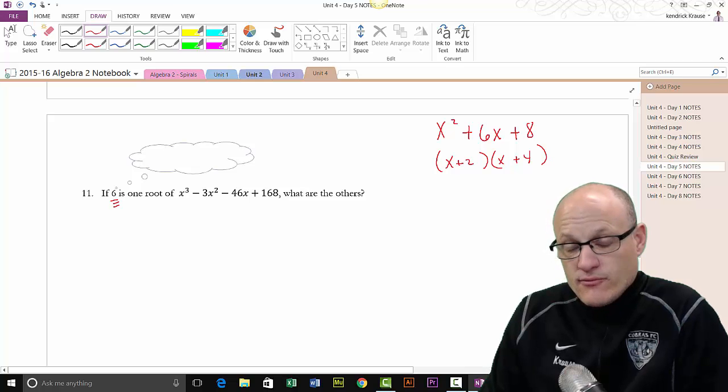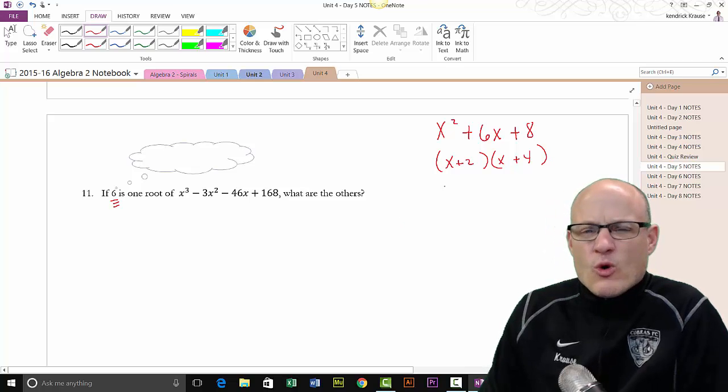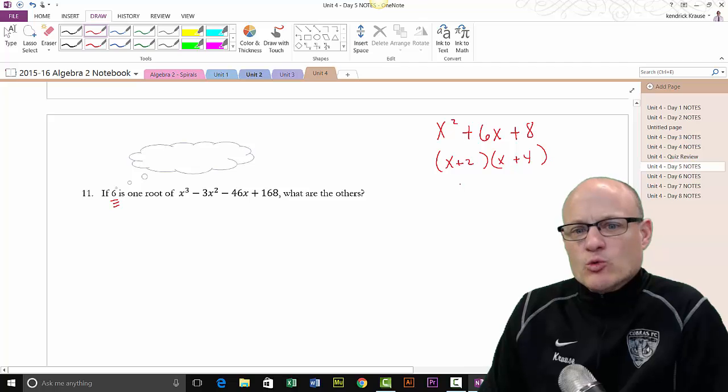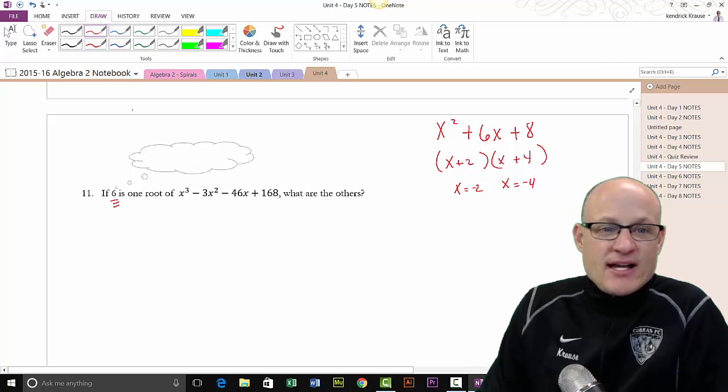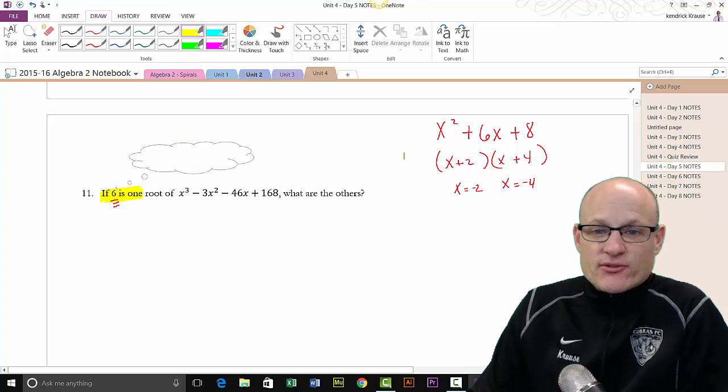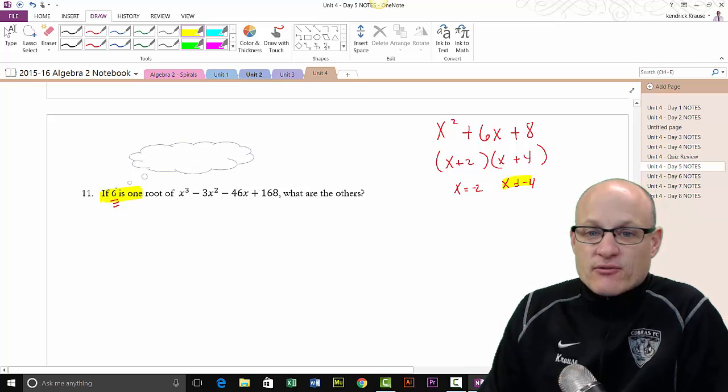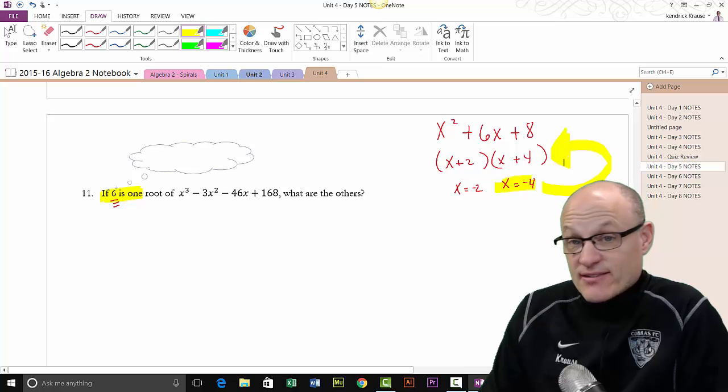Correct? Of course. What are my roots then? Well, my roots would be x equals negative 2 and x equals negative 4. So if I give you a root like 6 or negative 4, how do I go backwards to find the factor? Because that's the thing I need.